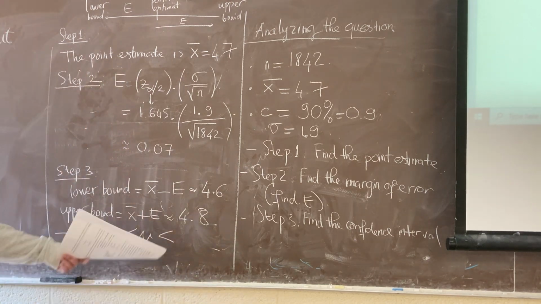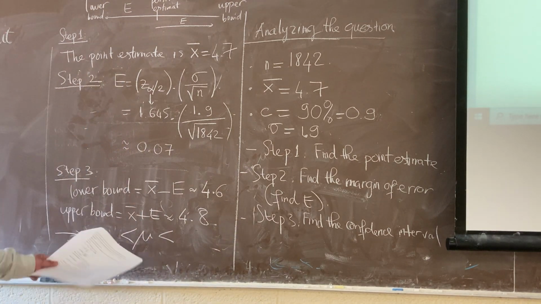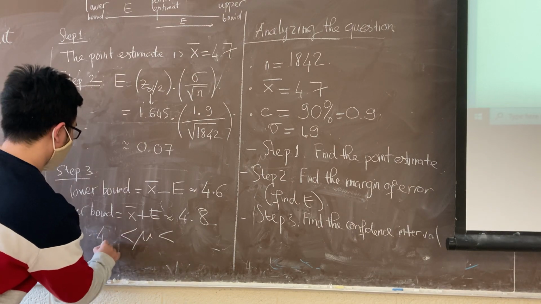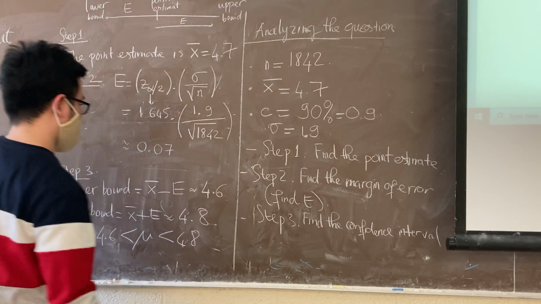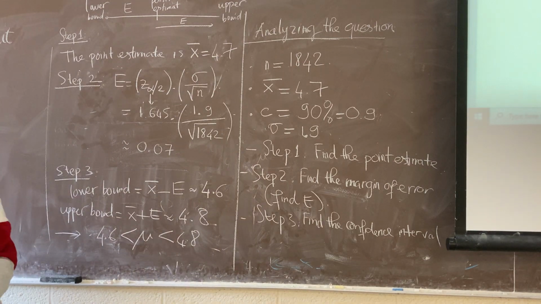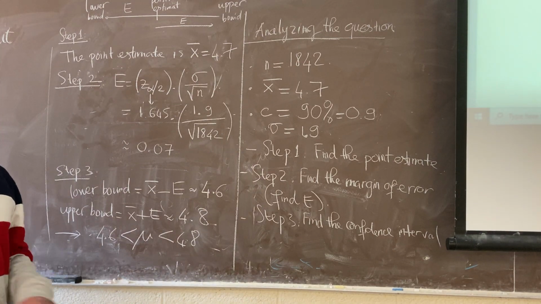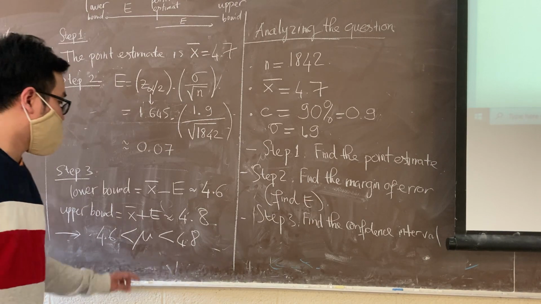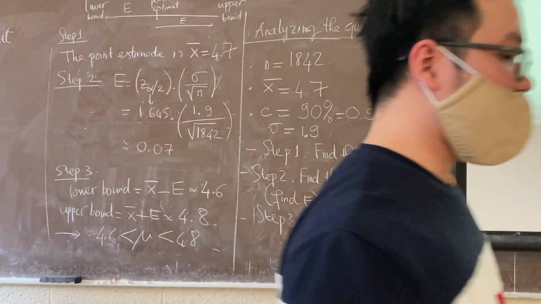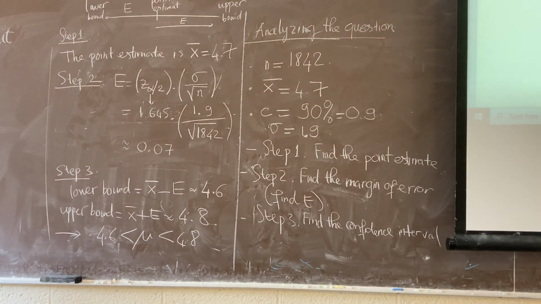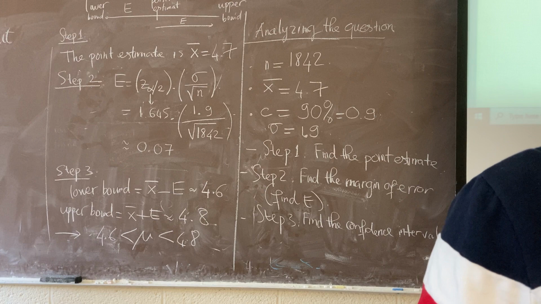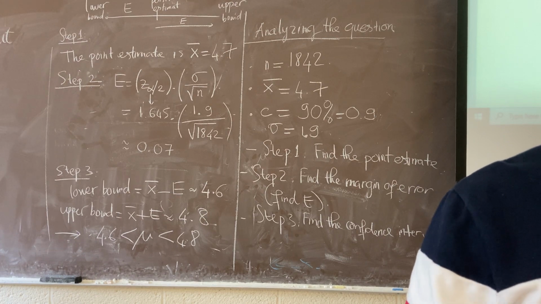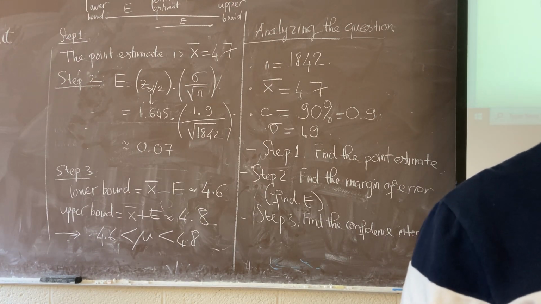So the interval estimate for the population mean will be from 4.6 to 4.8. Is it clear? That is the way to find the interval estimate for the population mean. Any questions? You can try some practice exercises that I provided here.